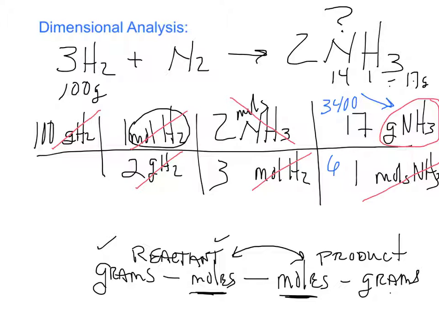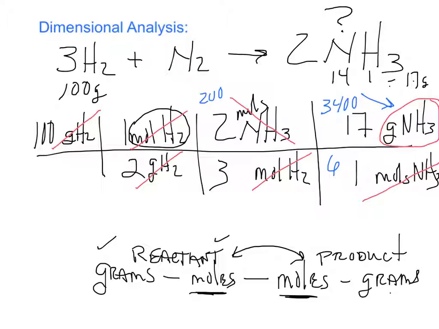And then I would do my math over here on this side. So 100 times 2 is 200, just so you can follow along here. 200 times 17, if you do that in your math, okay, that's 3,400 grams is what we end up with here.